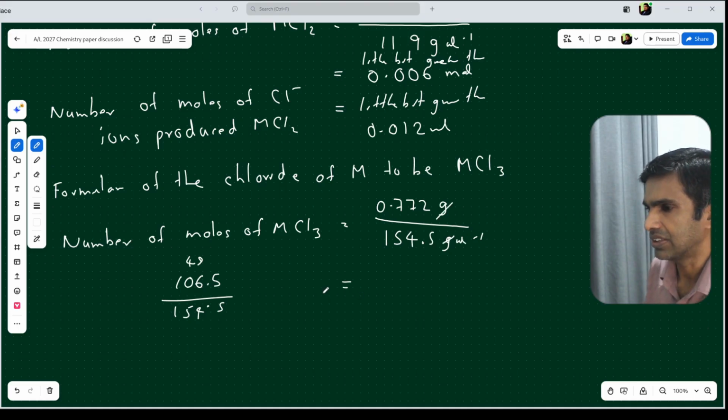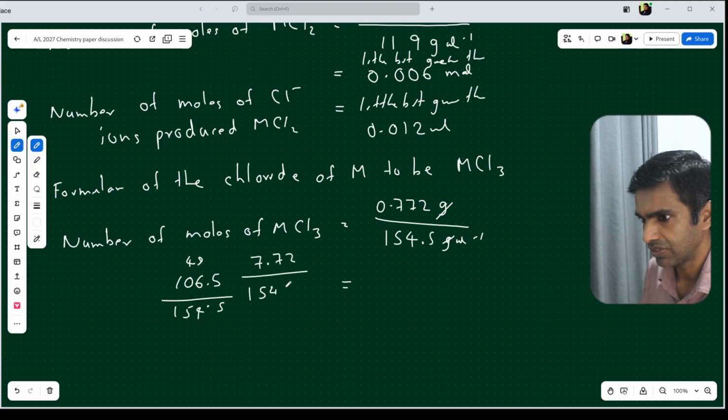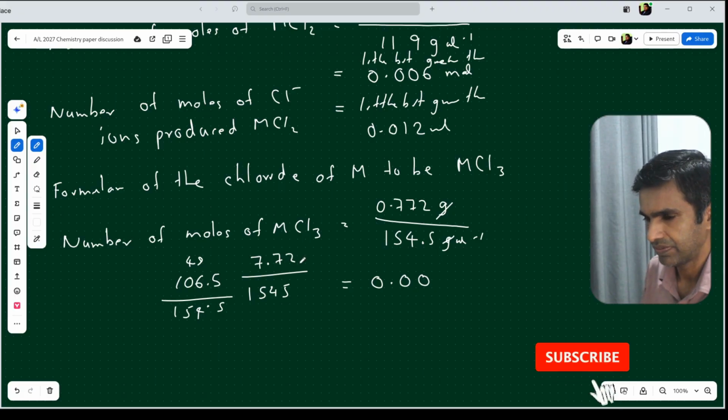So what is the answer? We can move one decimal place to the right. Then this is 7.72 over 1545. So 0, 77, 0, 772, 0, 7720.